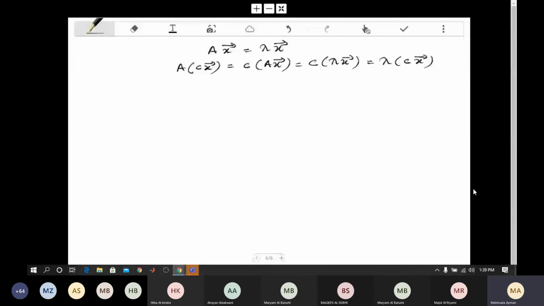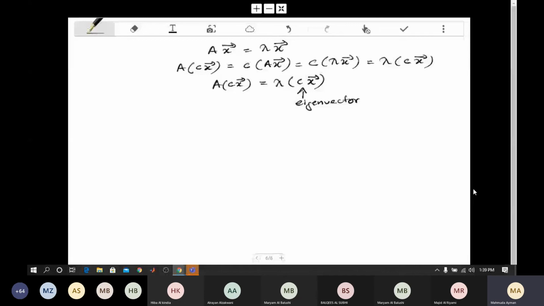So by definition, A times the x vector multiplied by a scalar constant will be equal to lambda times c times the x vector. What I mean is that this is also an eigenvector by definition.